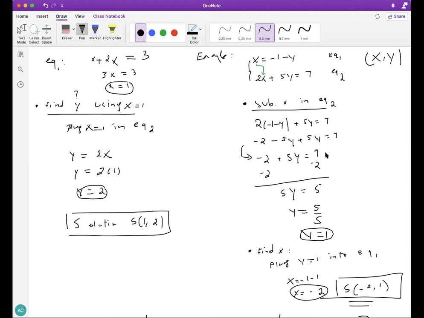Minus 2y plus 5y should be? It should be 3y. Exactly. Yes, 3y. That's right. I think it was correct initially. Yes, you did. It was correct initially.